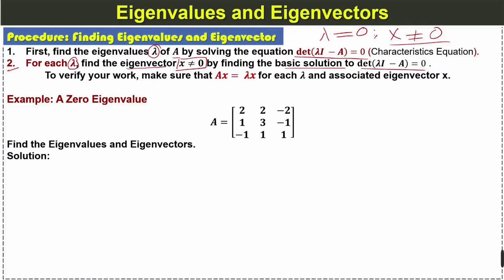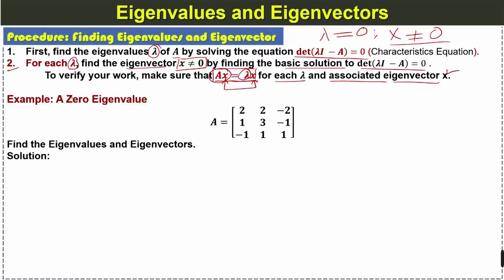Then we verify whether our computed eigenvalues and eigenvectors are correct by this equation: the multiplication of the matrix A with the eigenvector x equals some scalar times the original vector x, for each lambda and the associated eigenvector.